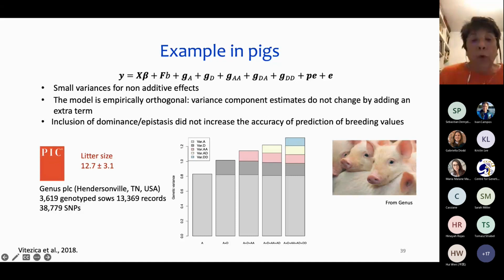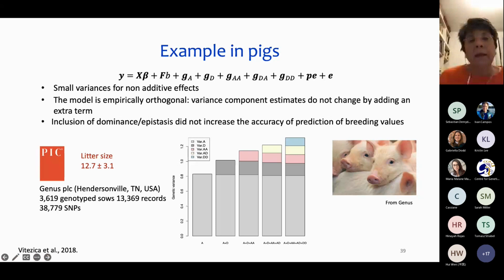If you look at this graph, you have the values for the different variances, and you can see that the additive variance is more or less the same in all the models, and so on for the other components, for the dominance variance and for the others.